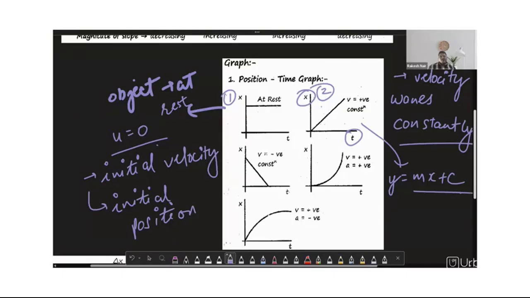Yes. And in the third case, we can see the xt graph with a constant deceleration. This can be where velocity is negative. This is a very specific case of how the velocity can be negative.